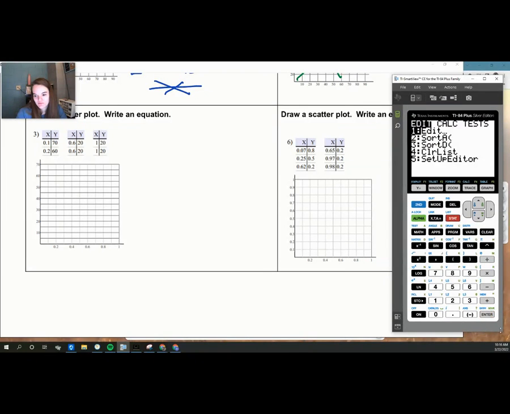So stat, edit, delete everything in that list, delete everything in this list, 0.1, enter, 0.2, enter, 0.6, enter, 0.6, enter, 1, enter, 1, enter. This is one of those where it comes in handy. I told you had to make sure you repeat if it's there twice. You have to on these.